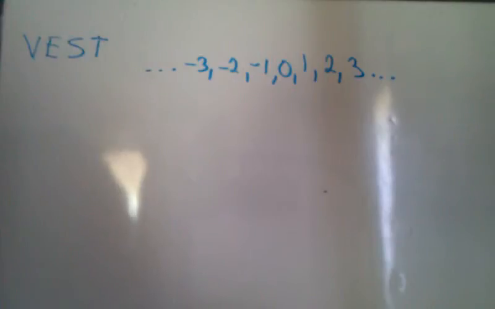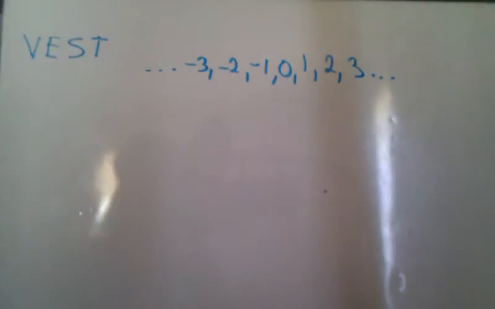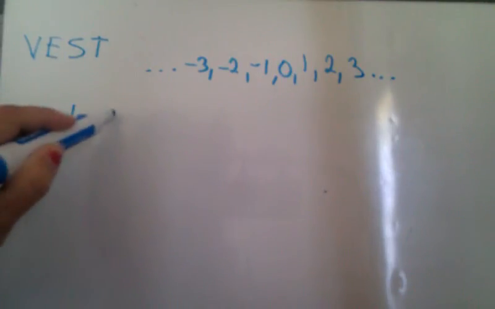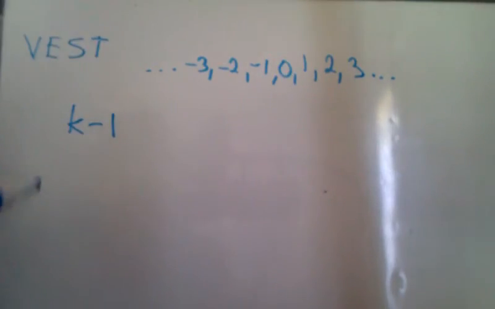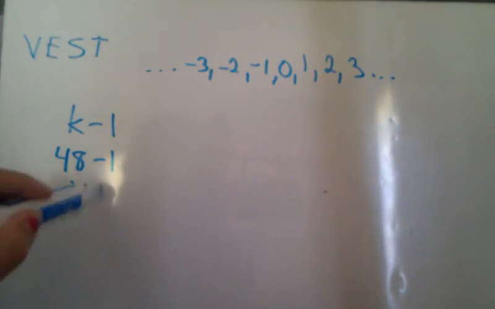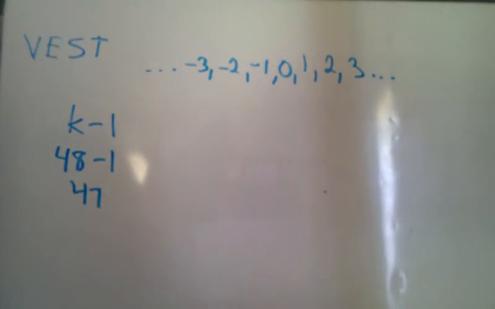If 48 equals k, what numbers are represented by k minus 1 and k minus 2? It says k minus 1. It says k equals 48, right? So I put a 48 where the k is, minus 1. 48 minus 1 is 47. That wasn't hard, was it?